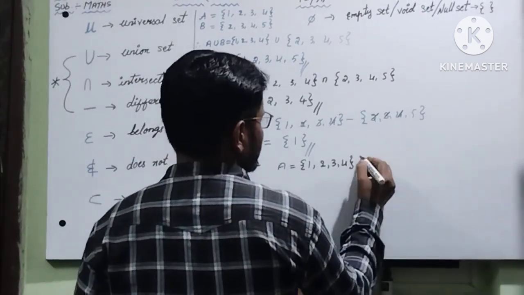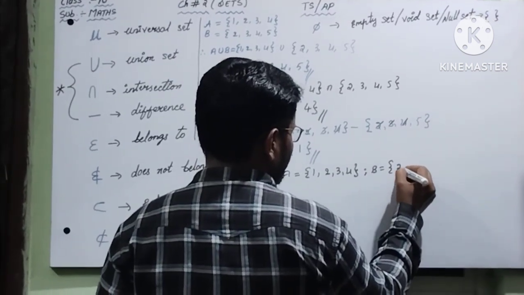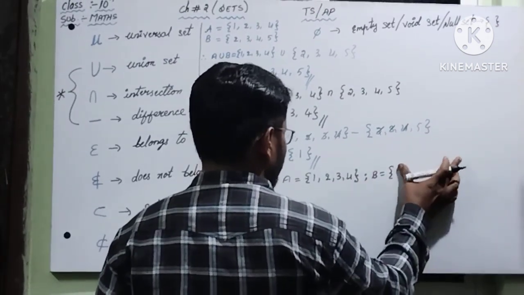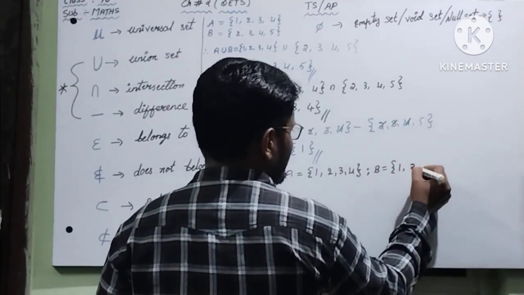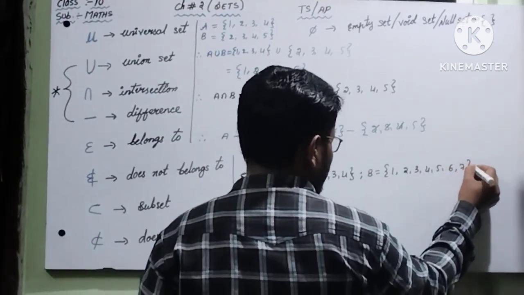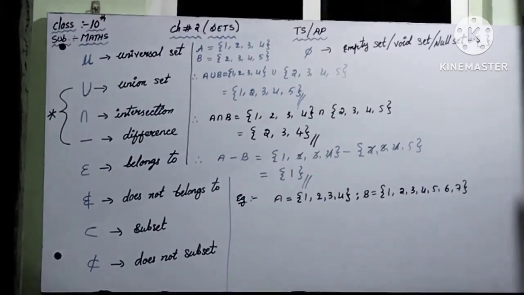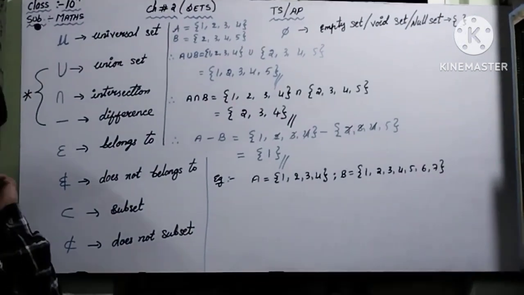The next one, B contains elements 1, 2, 3, 4, 5, 6, 7. Okay, A contains the elements 1, 2, 3, 4 and B has elements 1, 2, 3, 4, 5, 6, 7.